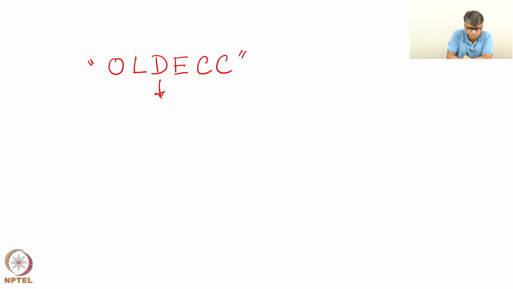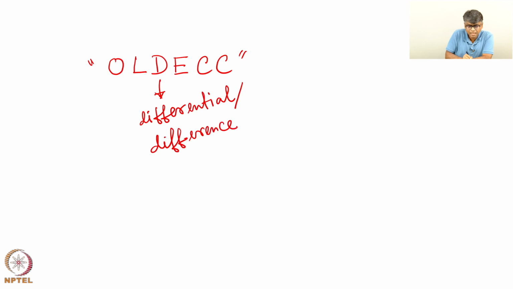For us, this d means either differential for continuous systems or difference for discrete systems. That will still be true, but we will allow more variables than manifest variables. We will allow other variables as well, namely latent variables.